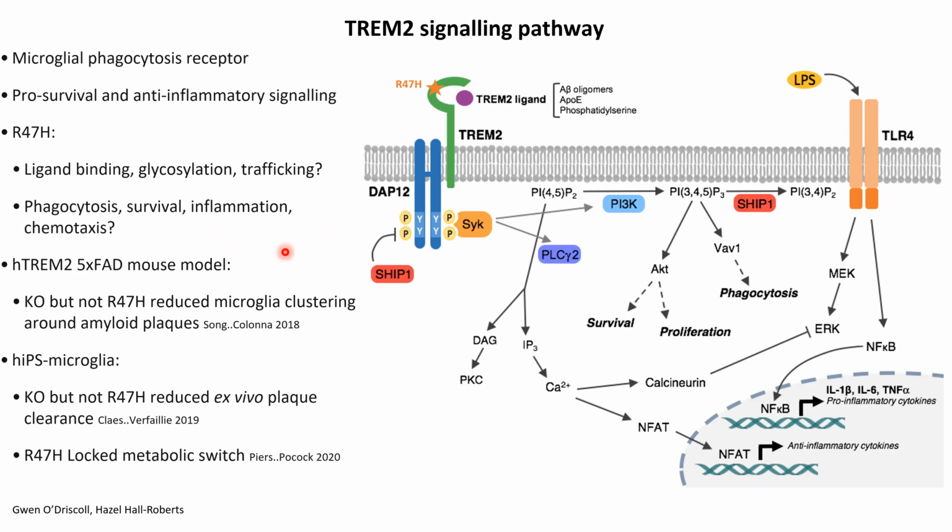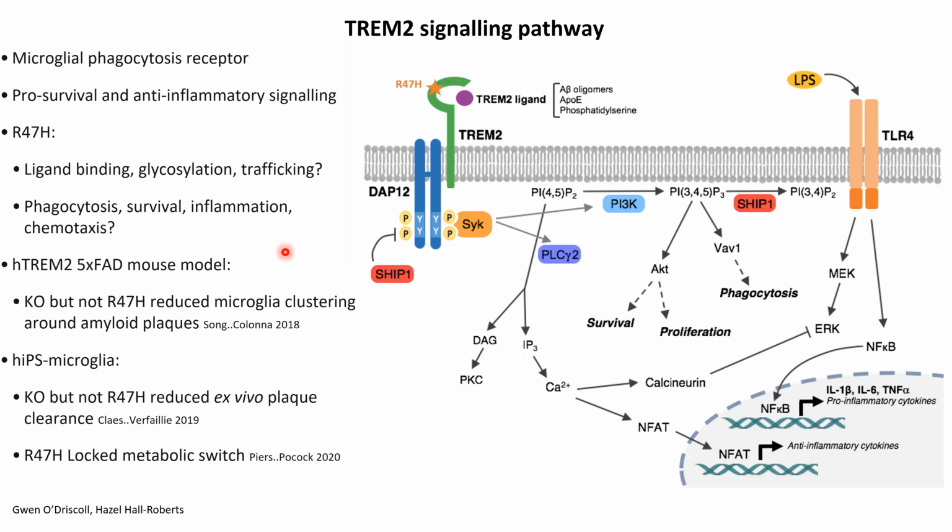And that's it as far as iPS microglia studies of TREM2 are concerned, apart from another really interesting study done by the Pocock lab, which came out very recently, showing that R47H and other mutations in TREM2 lead to a locked metabolic switch. By which they mean that microglia and macrophages, under normal circumstances, use oxidative phosphorylation.